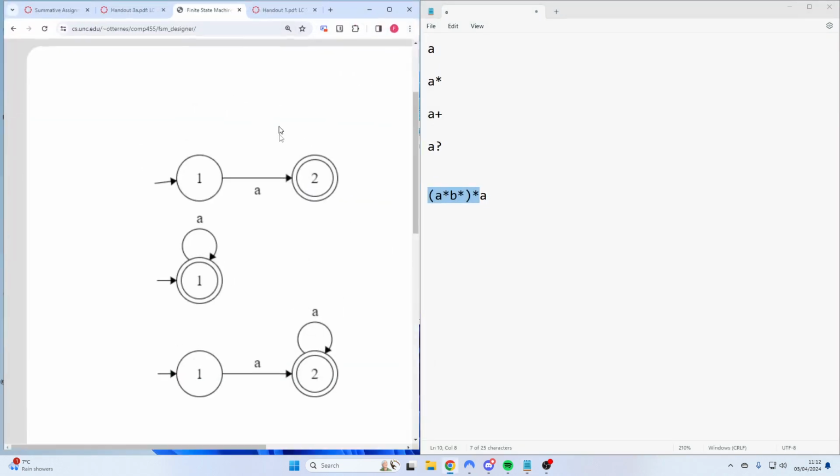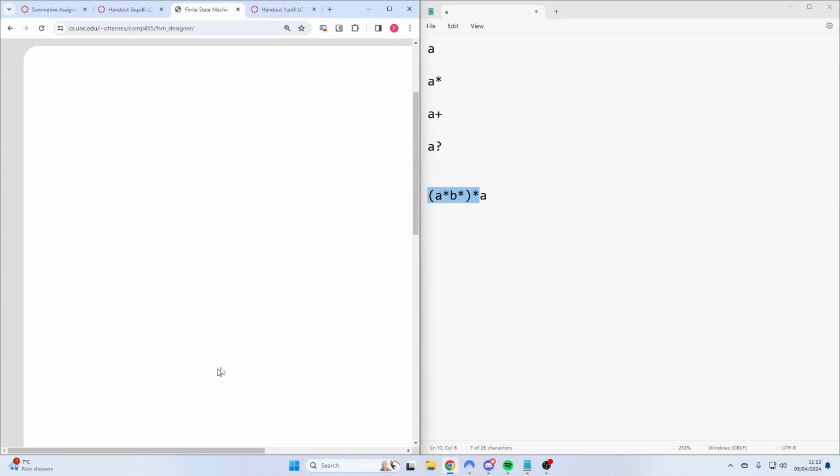So let me do this. We can imagine just this right now is any amount of A's including 0, followed by any amount of B's including 0, and then just an A. This is epsilon, is it?